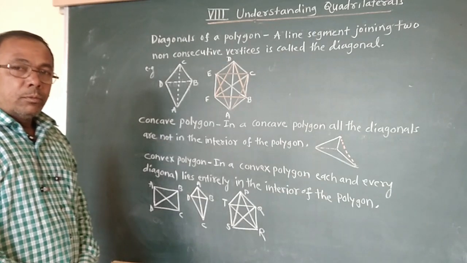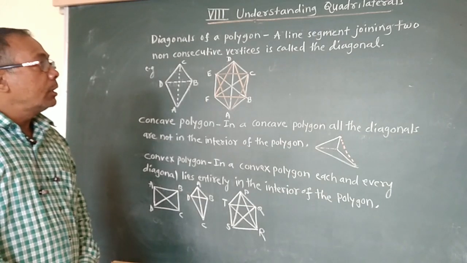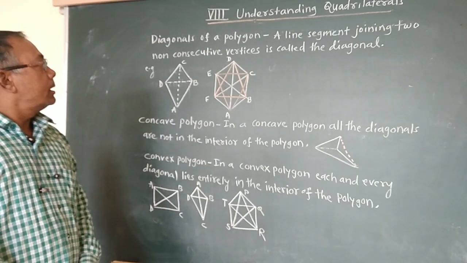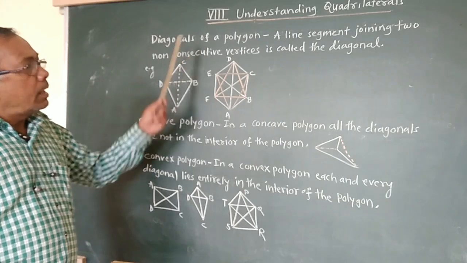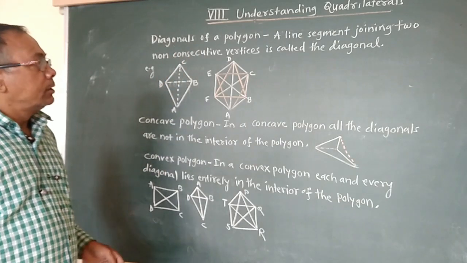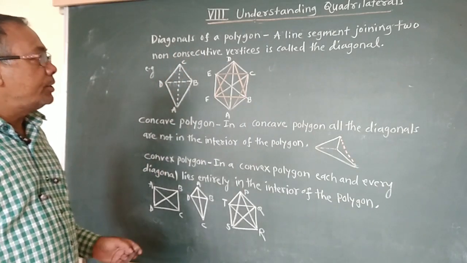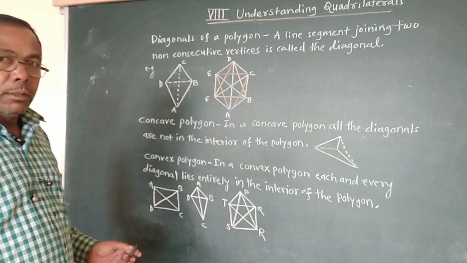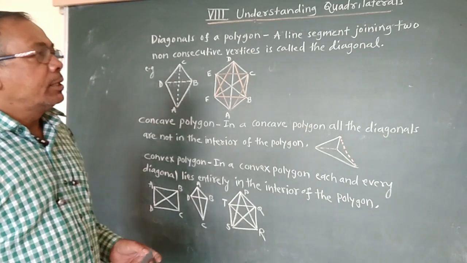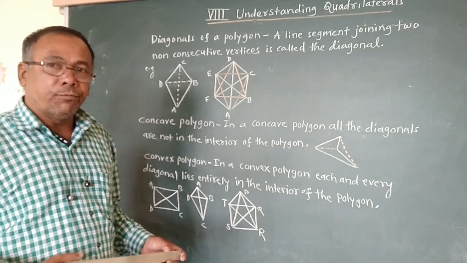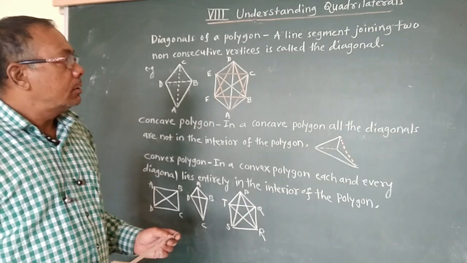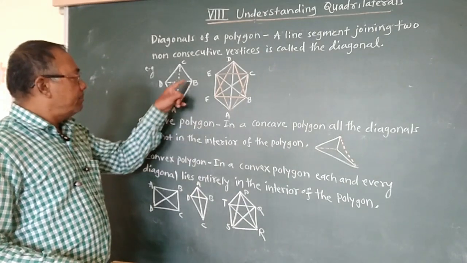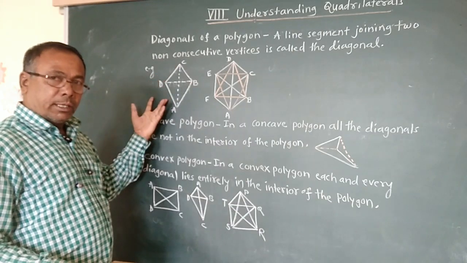Now we will see what is meant by diagonal of the given polygon. Here a line segment joining two non-consecutive vertices is called a diagonal. Means here in the example, ABCD is a quadrilateral.